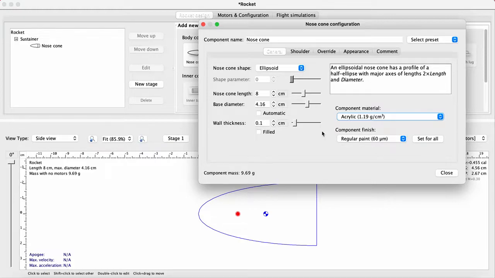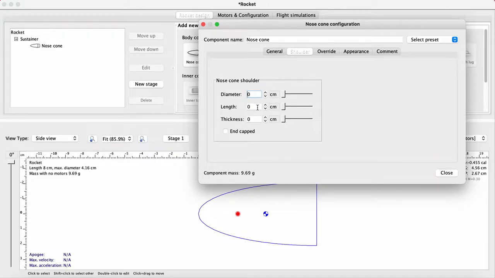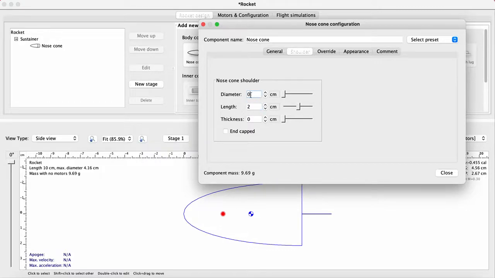Okay. Now, if our nose cone looks just like this, there's no piece of it that can actually slide into the body tube, so we need what's called a shoulder as well. And a shoulder length of just about 2 centimeters is fine. It doesn't have to be too much longer than that. But the diameter of the shoulder has to be equal to the inner diameter of the body tube, so it fits in just perfectly snugly.